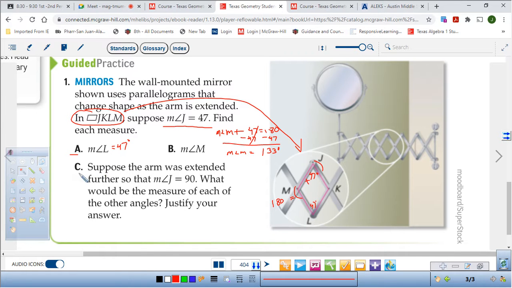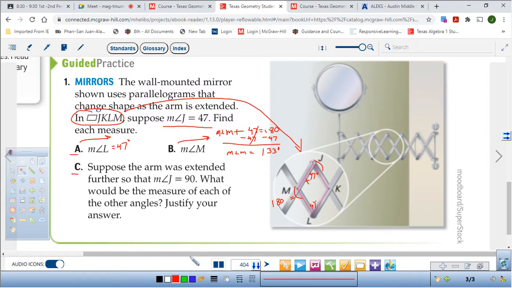Let's go on here. Letter C now. Suppose the arm was extended further, so they extended this arm, so that the measurement of angle J, this one right here, is 90 degrees. What would be the measure of each of the other angles? Anybody know the answer for this one?